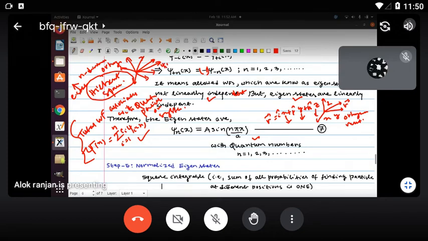This will be your psi 1x, this will be psi 2x, psi 3x, psi 4x, and they are all orthogonal to each other.